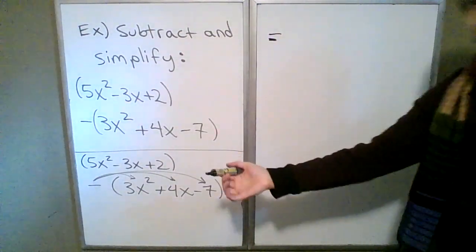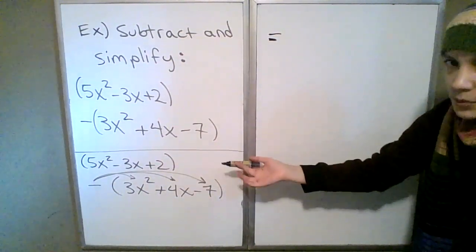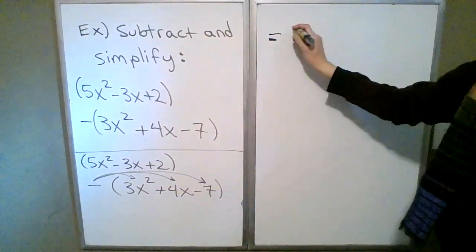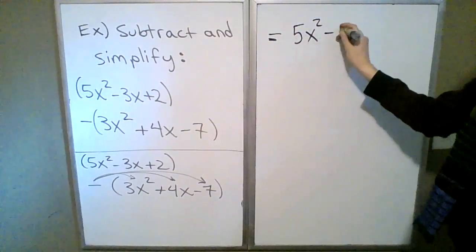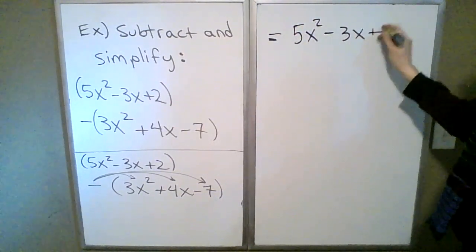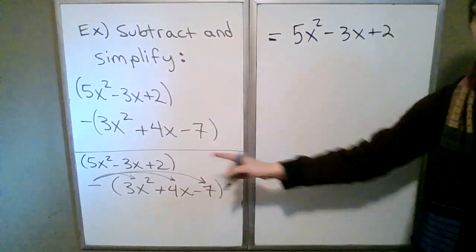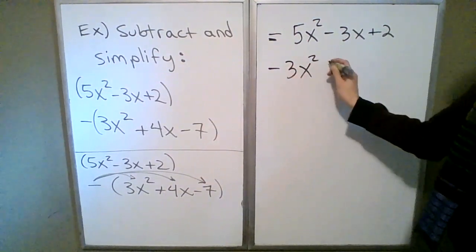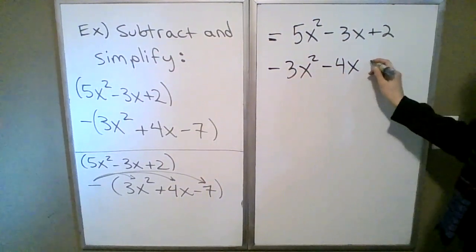So from that first polynomial, we can drop the parentheses. It won't affect any of the terms. It's just a 5x squared, subtract 3x and add 2. And we talked about distributing the negative to get negative 3x squared, and minus 4x, and plus 7.